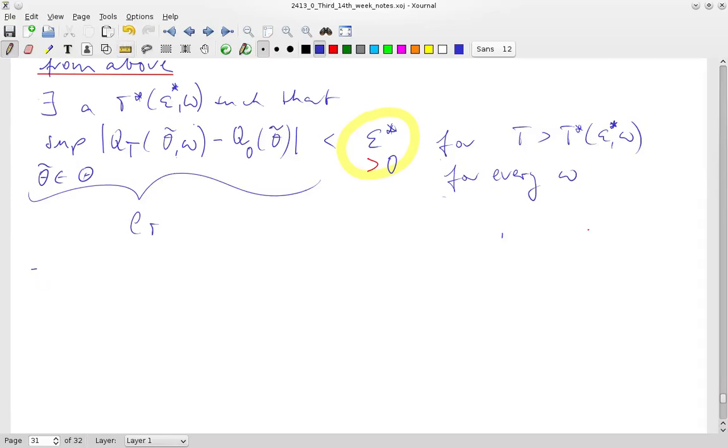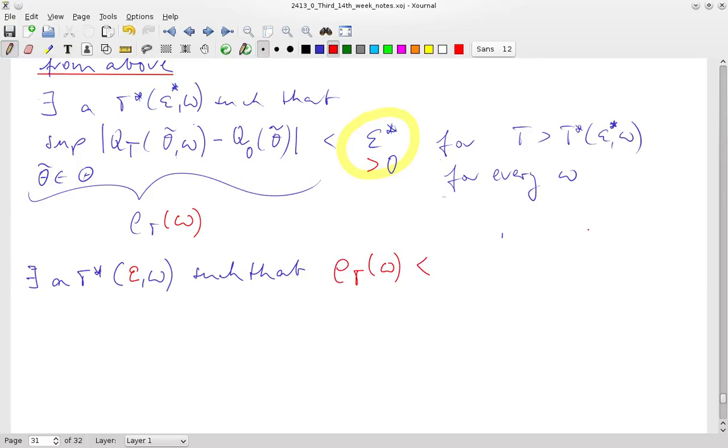So I'm saying that there exists a t star which is now a function of epsilon, not epsilon star, and omega, such that this sequence of suprema, which we denoted with rho t, and I like to write rho t of omega here, the sequence of suprema, is less than epsilon star.